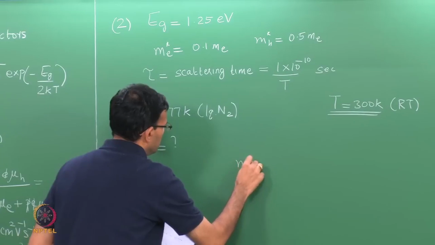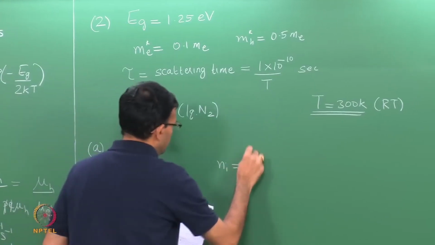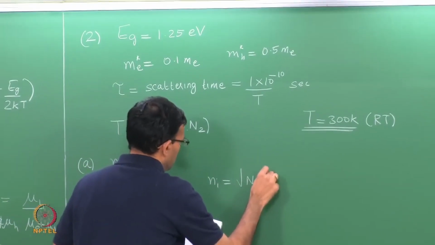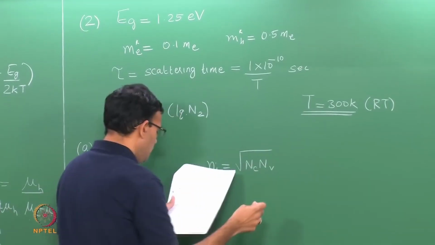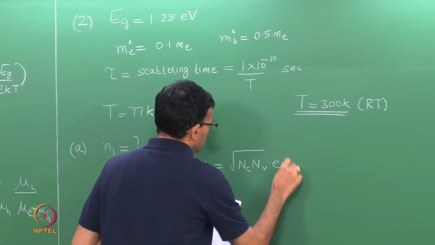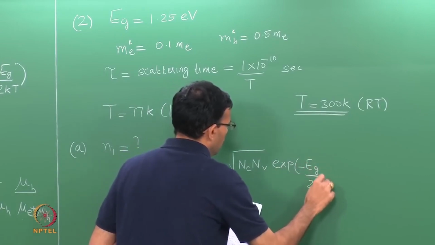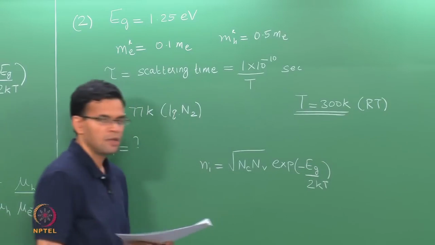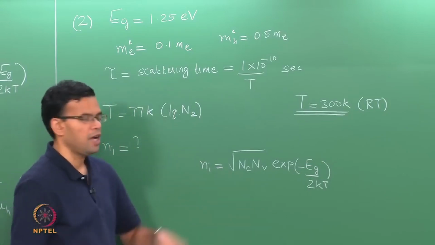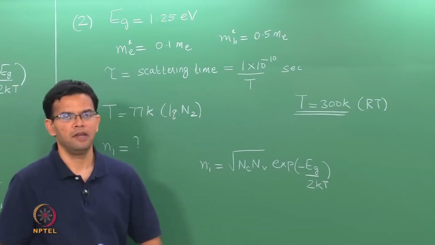Ni is nothing but square root of Nc and Nv, exponential minus Eg over 2kT. So, the problem is we do not have the values of Nc and Nv.